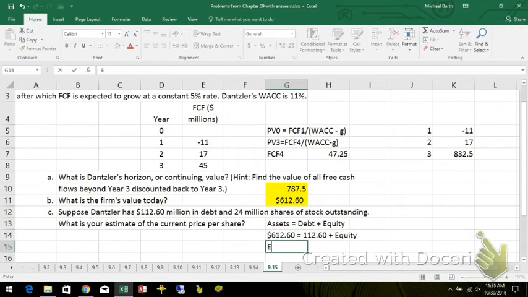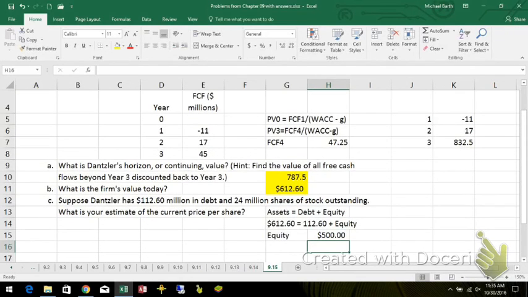And that would be the equity valued today at the total value of the firm minus the amount of that value that's owed to other people. That's the value of the equity of the firm.